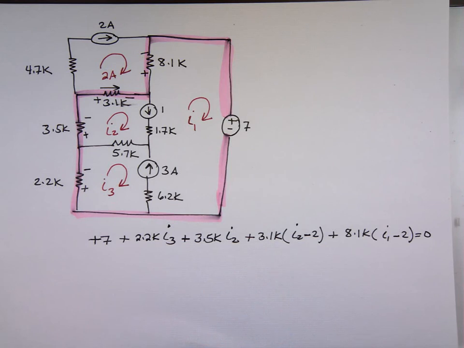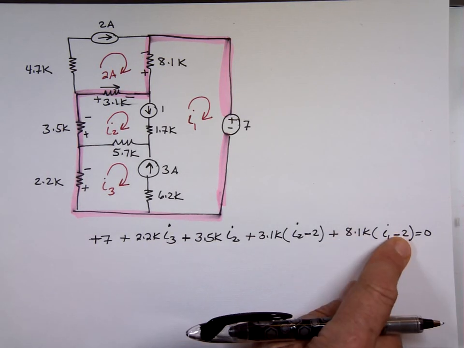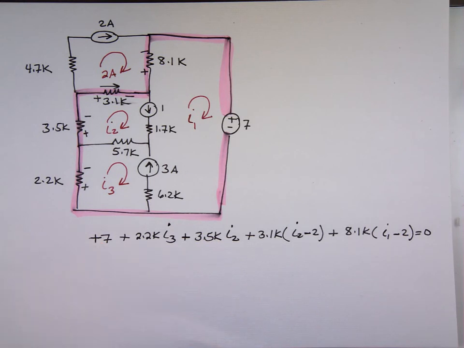Is that 2 amp or 2 milliamp, that top one? I guess these are amps. Okay. It looks silly there, because you're going to add 8.1 times 2, add 7 to that. It's going to look like a tiny number, but that's okay. That's what they're given. That's what I have to look and see.